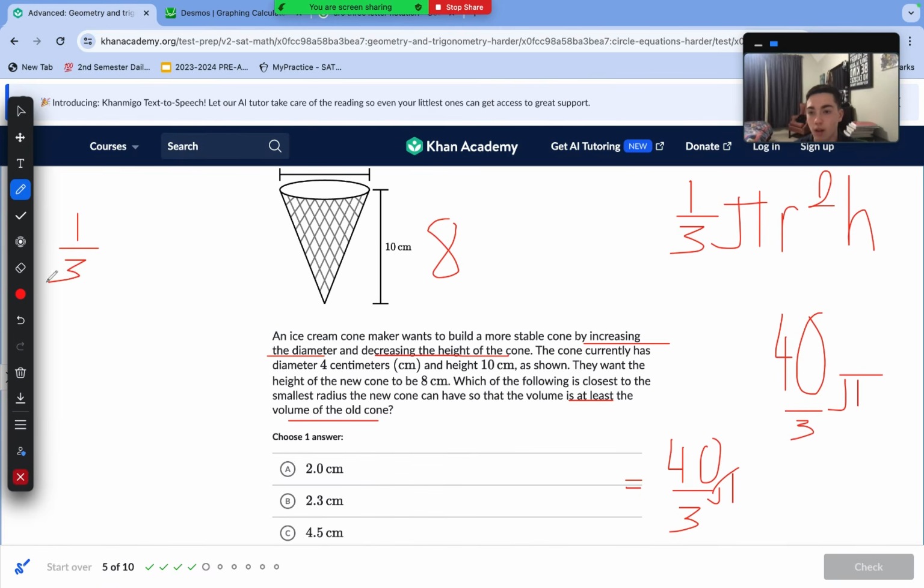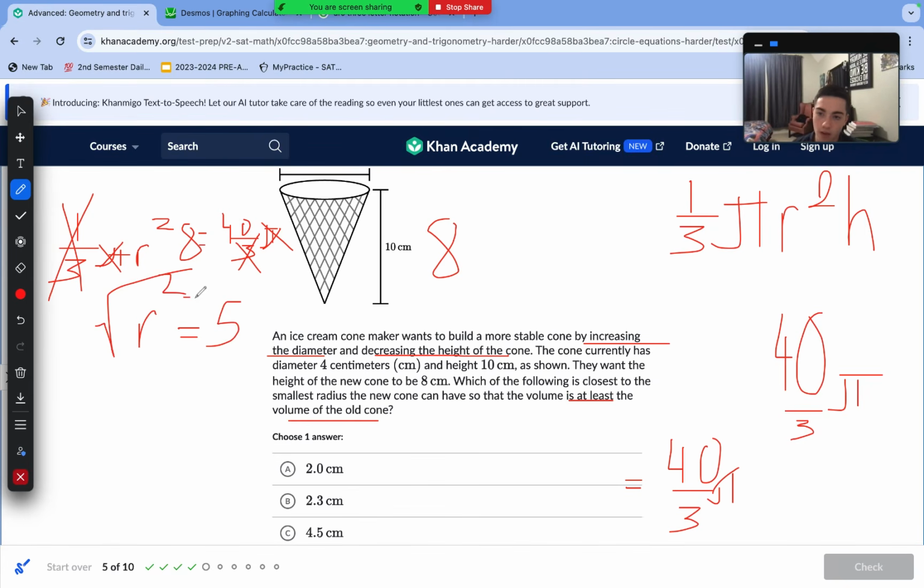We're left with 1/3 pi r squared times 8, and we set this equal to 40 over 3 pi. We can divide both sides by pi, which cancels out on both sides. Now we can multiply both sides by 3, which cancels out both of our denominators. Now we can divide 40 by 8. That's 5, so we're left with r squared equals 5.